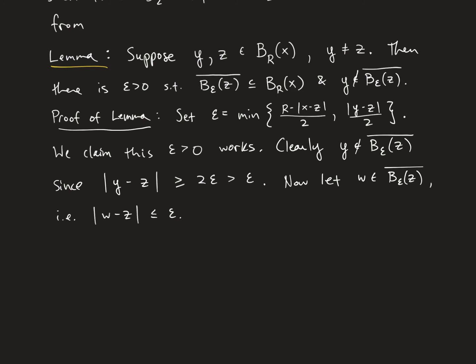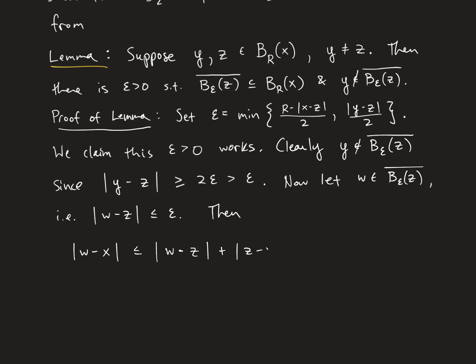So we just want to say the distance between w and x is less than r. We'll just use the triangle inequality, inserting z.